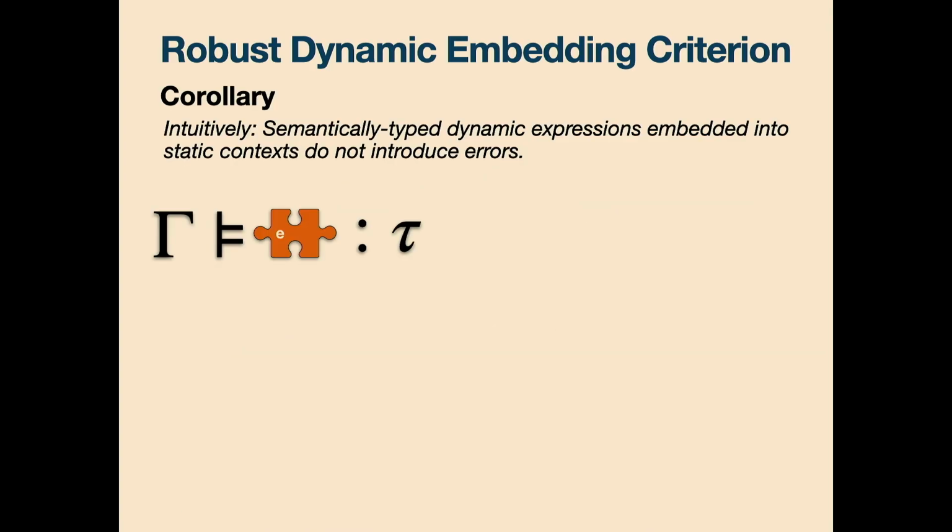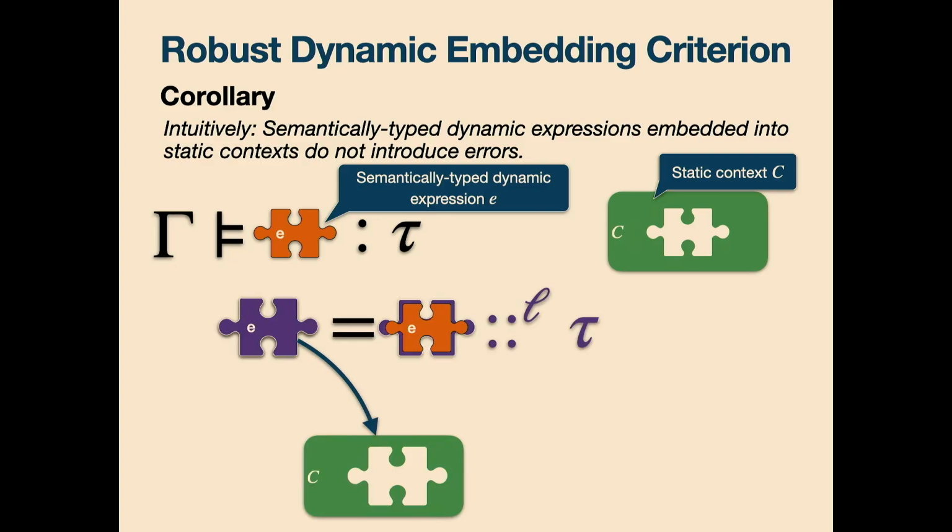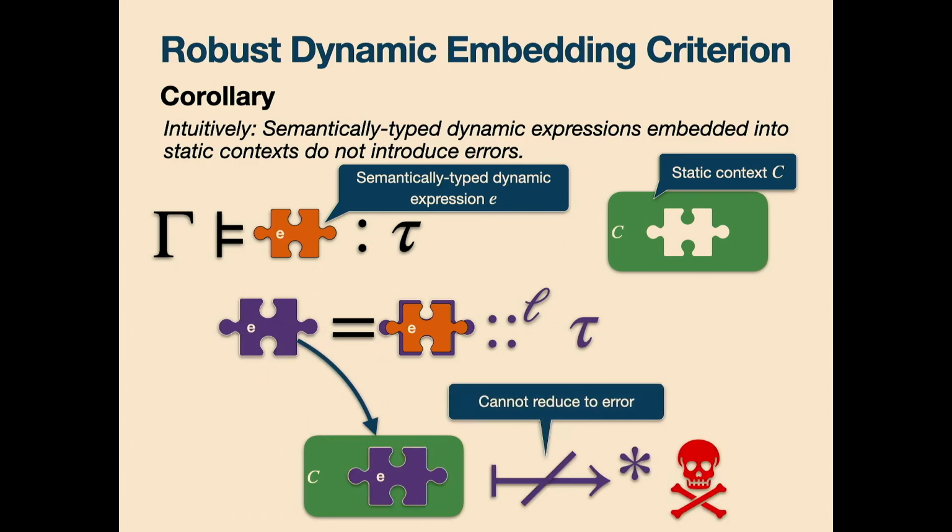In particular, we have a corollary. If you have a semantically typed dynamic expression, and you embed it into a statically typed context C, a fully static context, and you ascribe it to the static type tau, then this whole program cannot reduce to an error, because the blame would have to be some label in C, but if C doesn't have any cast, then it should be free of errors.